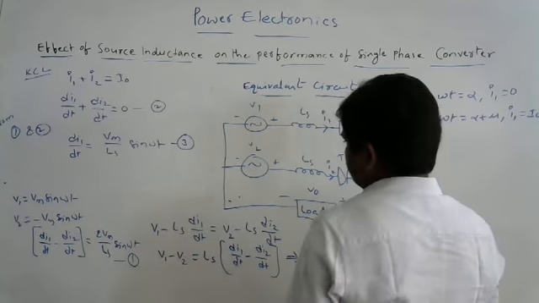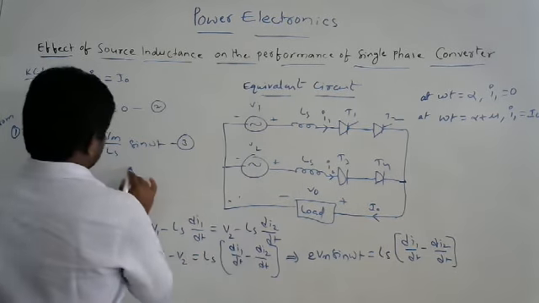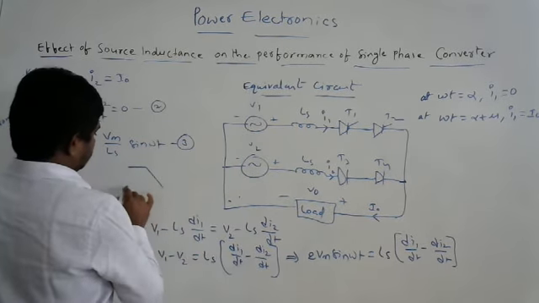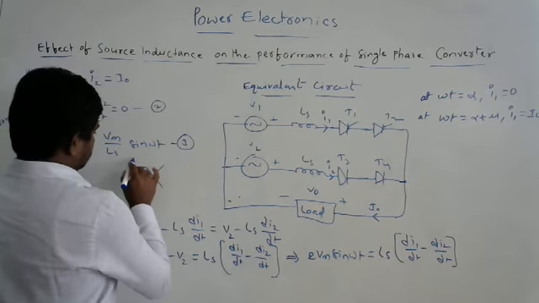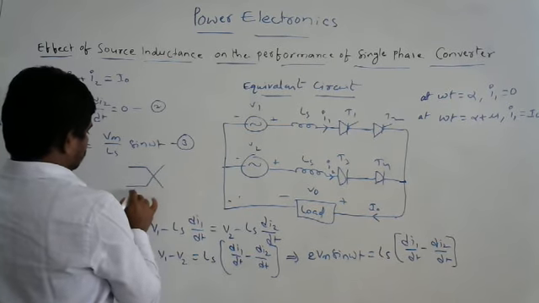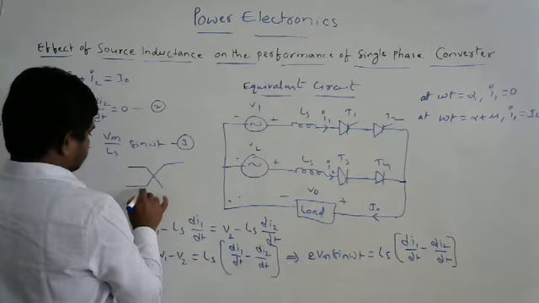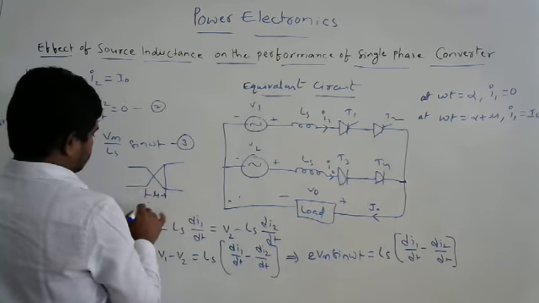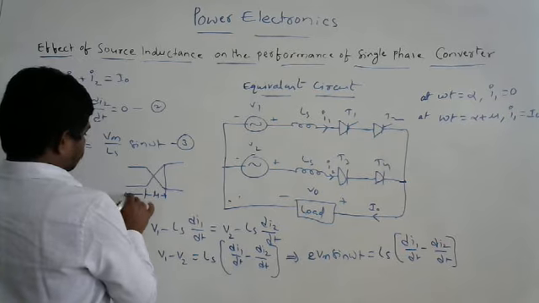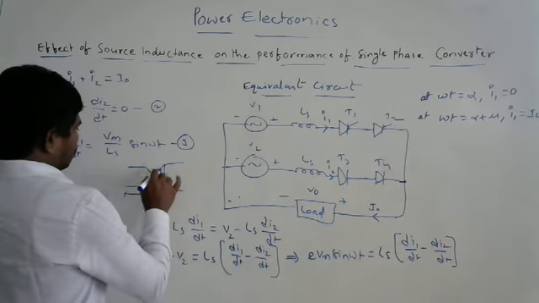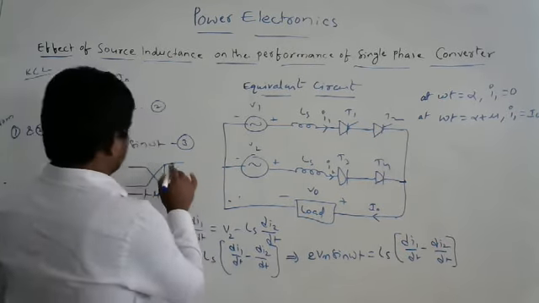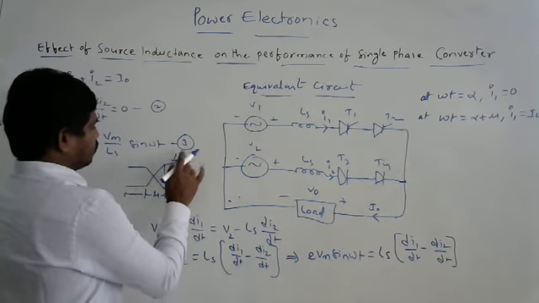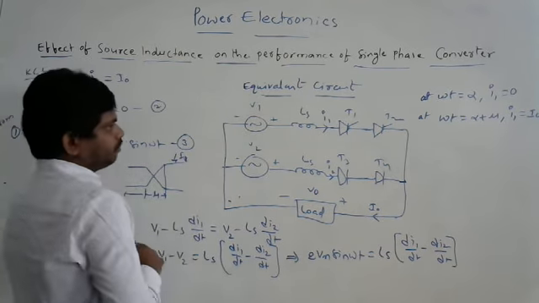This symbol mu that we have taken now is the overlap angle. This is the overlap angle duration, during which the current goes from 0 to its maximum value. This I am calling I0. Sorry, I1.